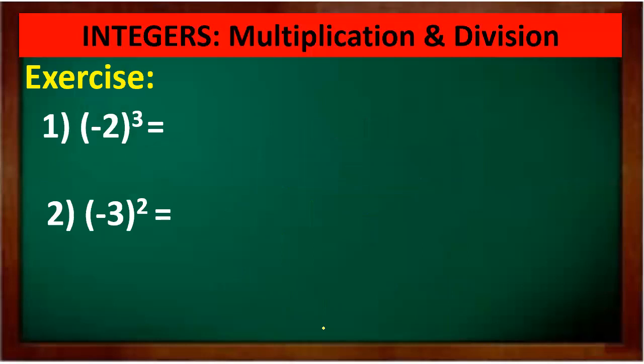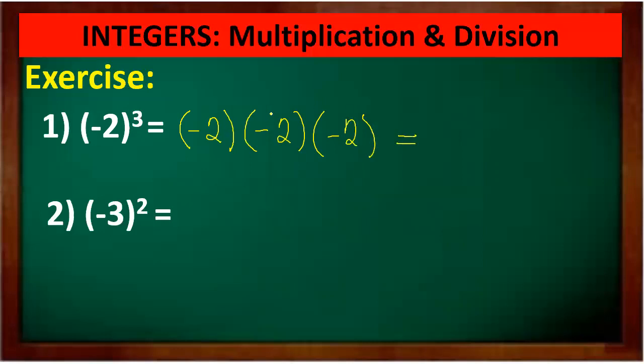So let's have number 1, meron tayong negative 2 raised to the power of 3. I-expand lang natin ito, okay? Pag exponential form kasi, meaning to say, ang process natin dyan ay multiplication. So negative 2 times negative 2 times negative 2. Okay, so what will be our answer?